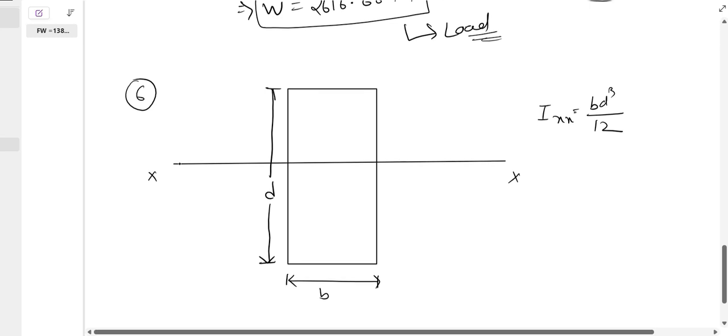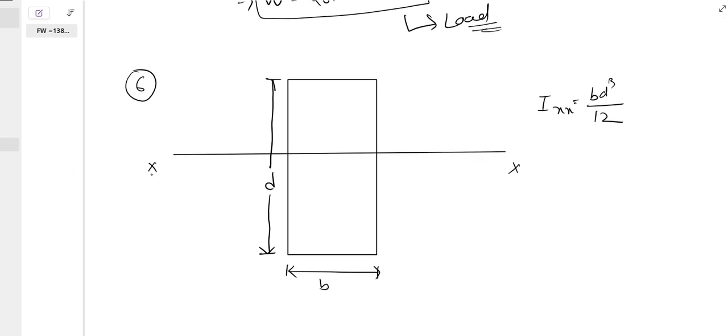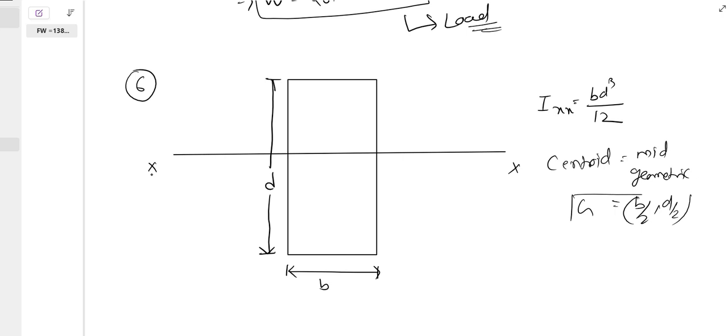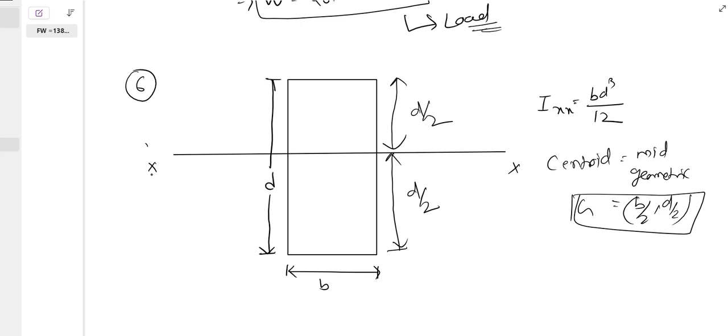So see, this is a rectangle section, and rectangle section का जो centroid है, centroid lies at geometric mid, that is B by 2 and D by 2. यहाँ पे centroid रहेगा. So the bottom side is nothing but D by 2 distance, and this top side is nothing but D by 2 distance, and x axis is passing through the centroid.